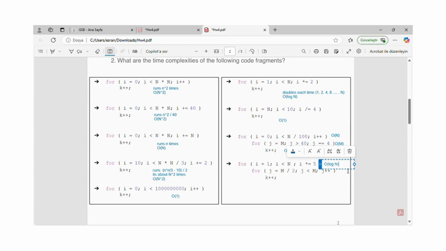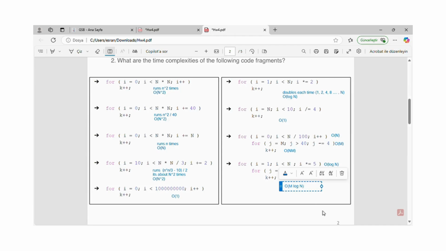And the inner loop runs O(m). The total time complexity here is O(m log n).